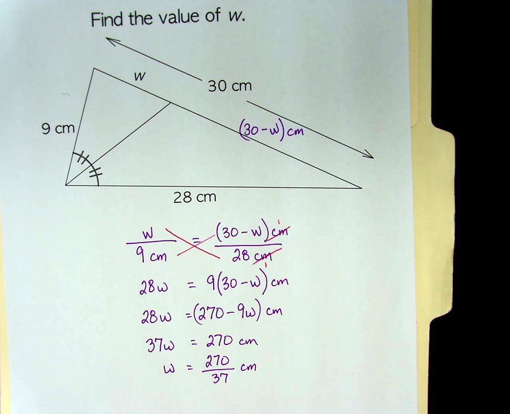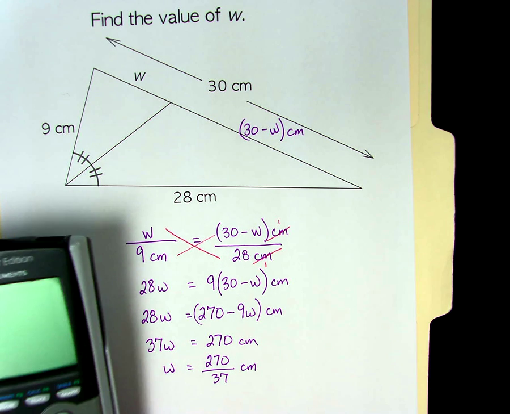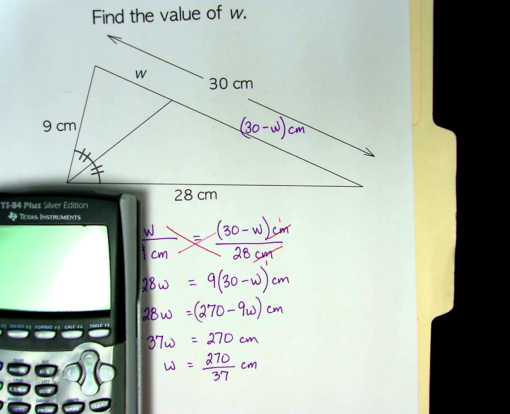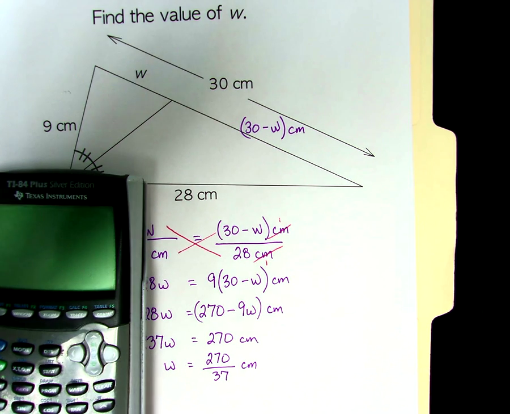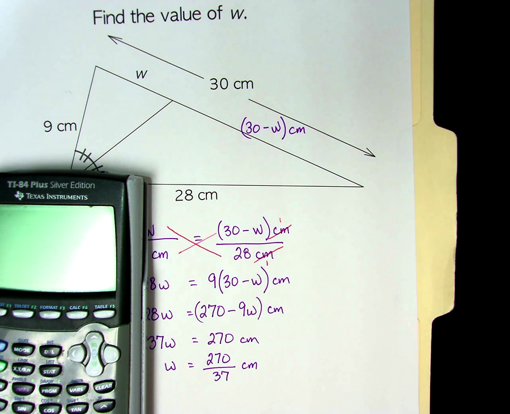And so if I get my calculator out, and take 270 divided by 37, notice it gives me that decimal.